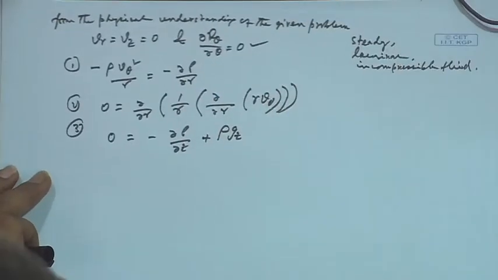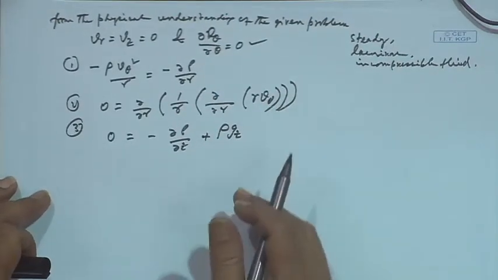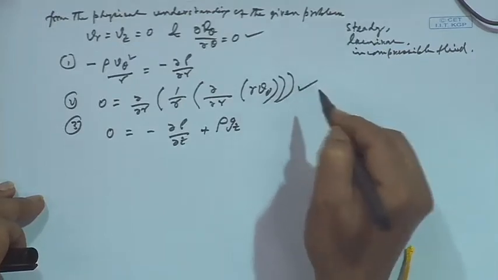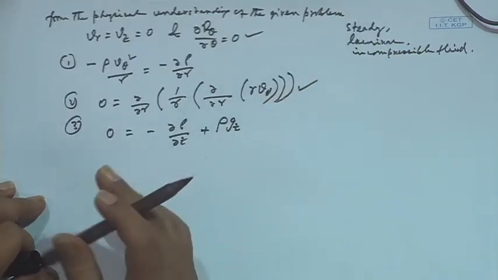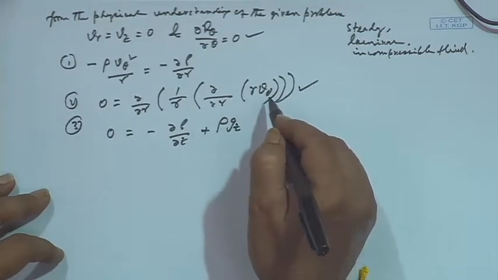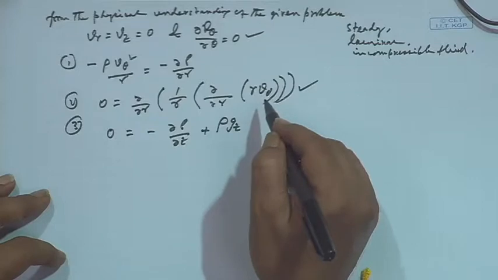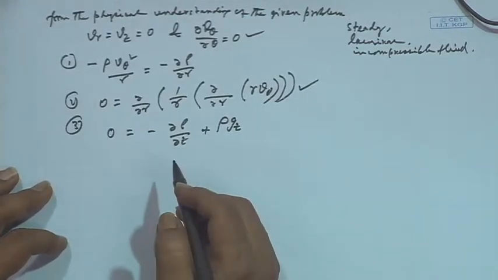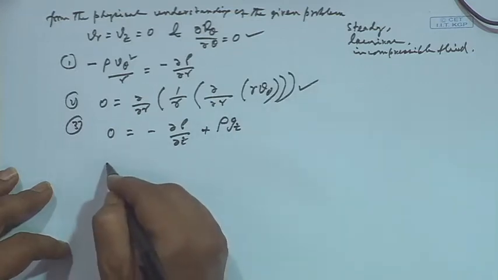Okay. If that be true, then here we have one unknown, V theta, because we have been asked what is the velocity, right. So, that tangential velocity, if we want to find out, that is V theta, then this solution is good enough.